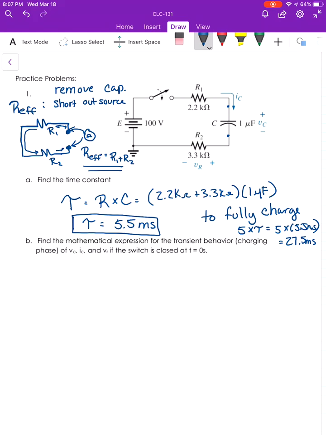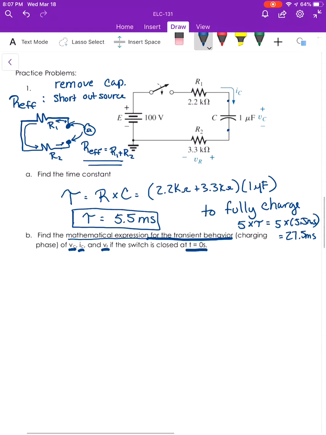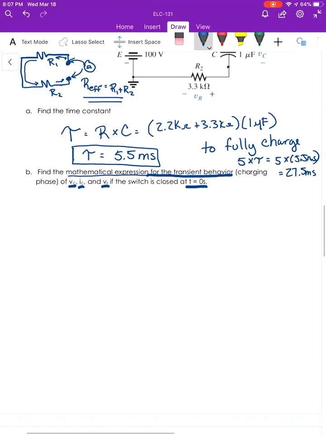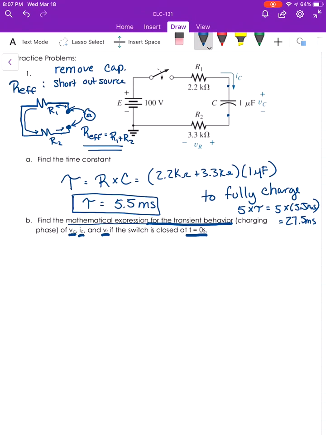Okay, so find the mathematical expression for the transient behavior, there's a lot of words, of the charging phase of VC, IC, and VR, if the switch is closed at t equals 0 seconds. Okay, so the way I like to approach this is to kind of draw it out.